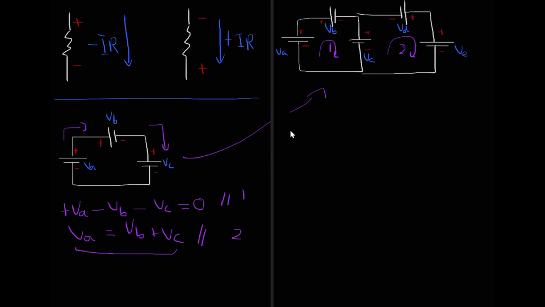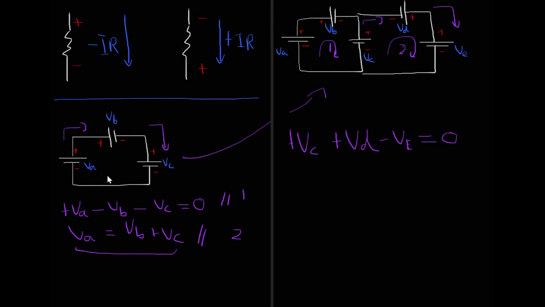So plus VC. Now let's go here. We have minus to positive, and if it's going from minus to positive, it's going to be positive again. So it's going to be plus VD. Now here it's going from positive to negative, so it's going to be minus VE, and that all equals 0.